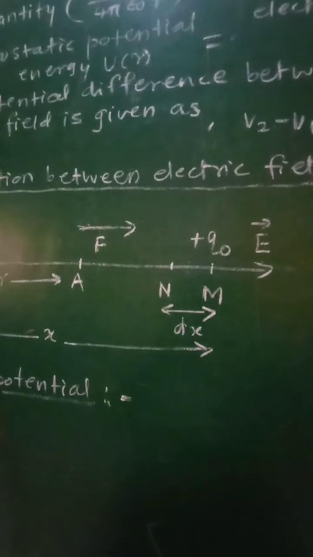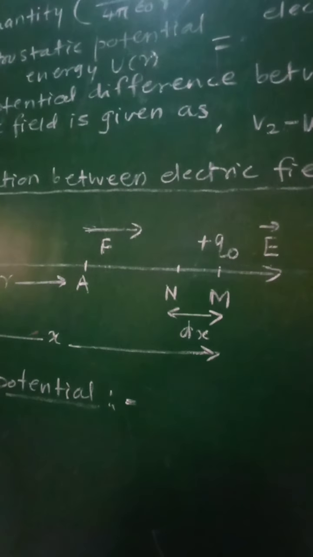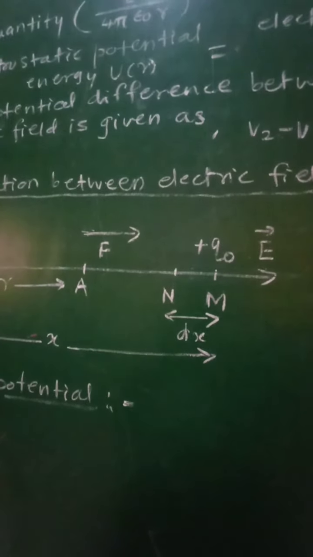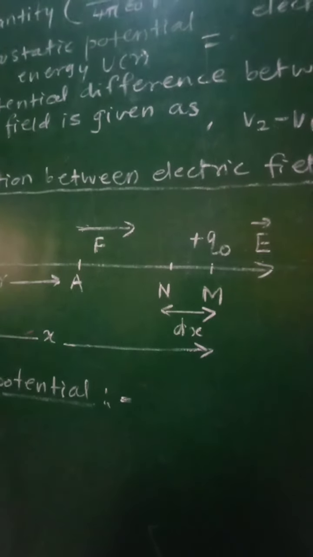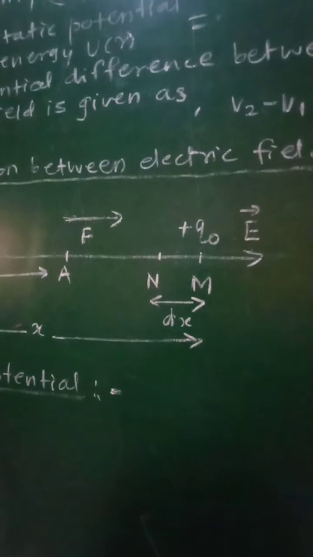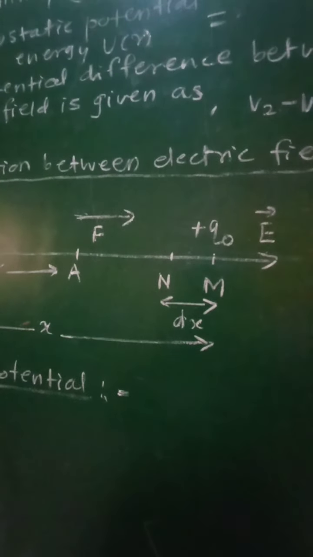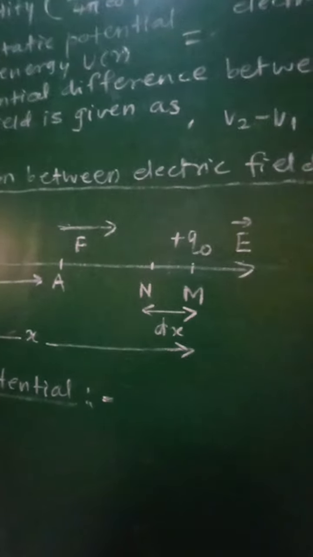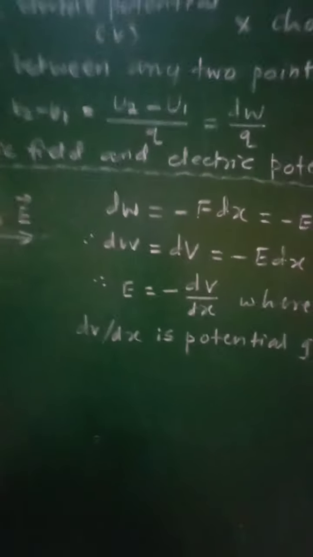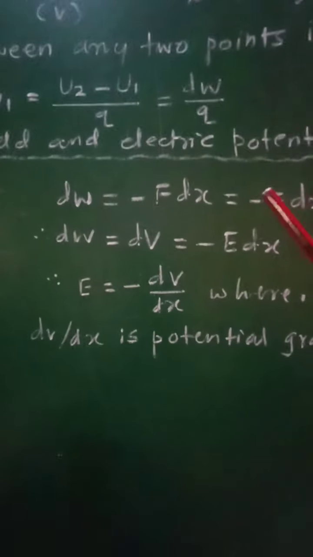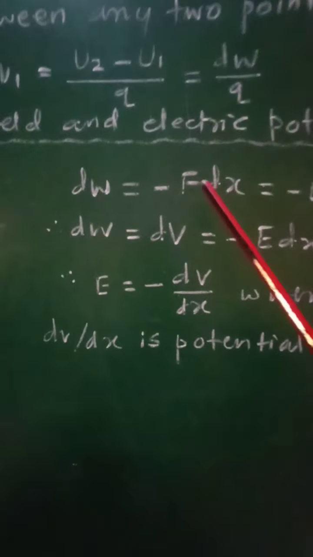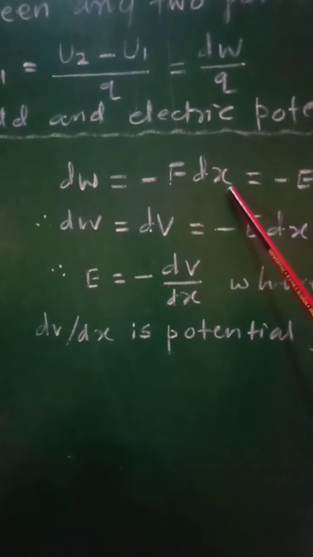Then the force due to electric field is acting on that charge, which is directed along OM, that is in the direction of electric field. Therefore the work done is equal to force into displacement, so dW is equal to minus F dx.